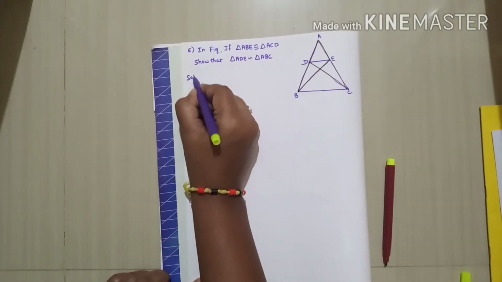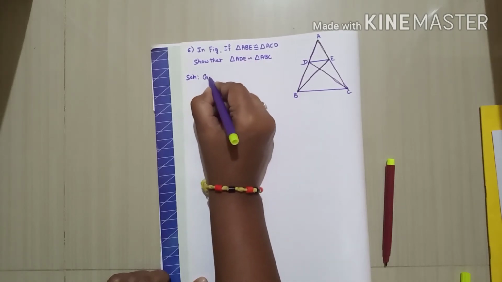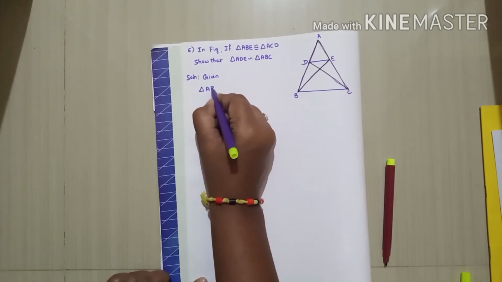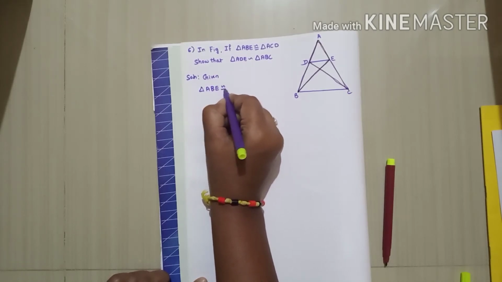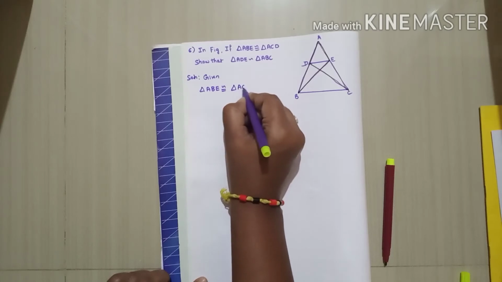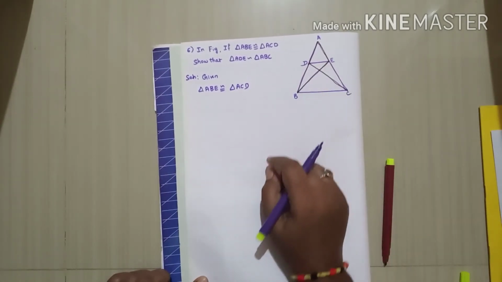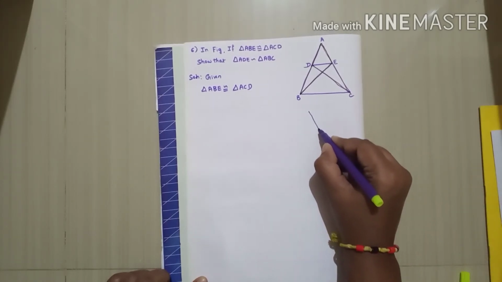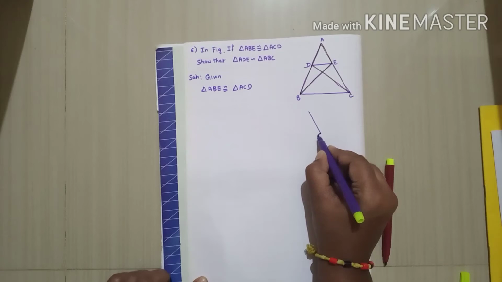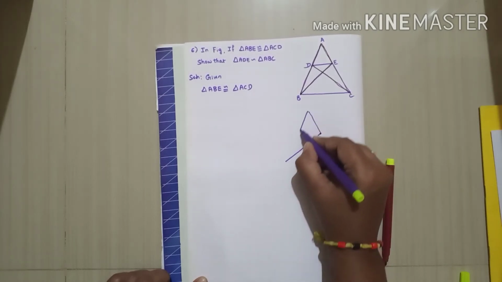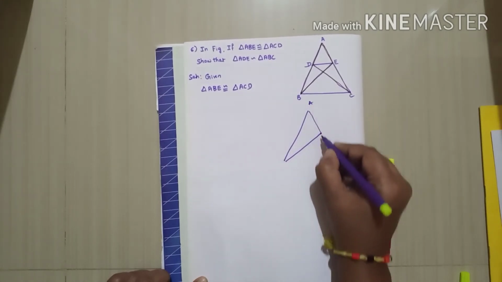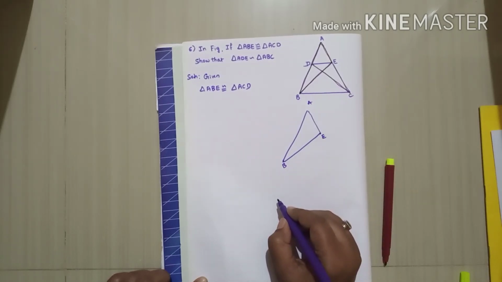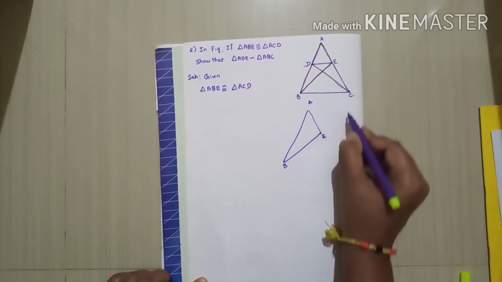Solution is they only given, triangle ABE is congruent to triangle ACD. In these two triangles, if you want, just I will draw again and show you. This is A, E, B. Okay, one triangle. And one more is, just I will draw here.